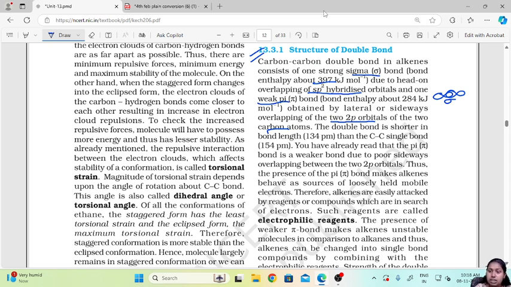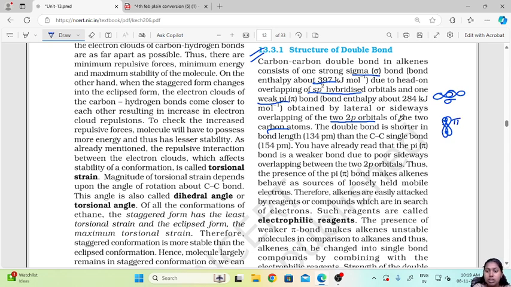Whereas your pi bonds, now pi bond is formed like this. They are laterally paired. Okay, so this is your pi bond formation. So this is the weakest bond and this is the strongest bond. Sigma is the strongest bond and pi bond is the weakest bond.